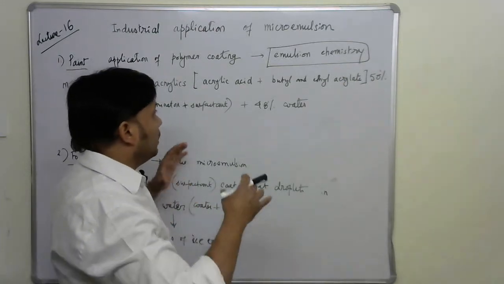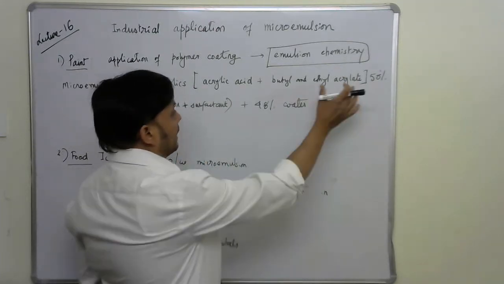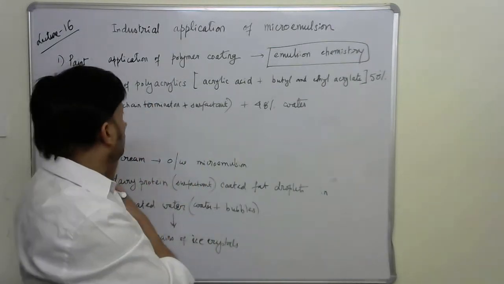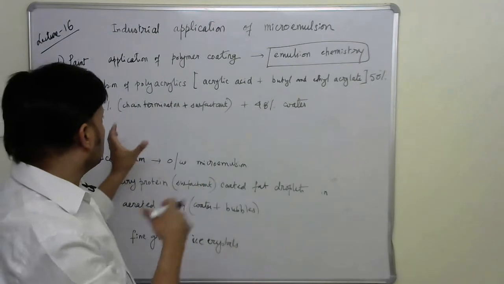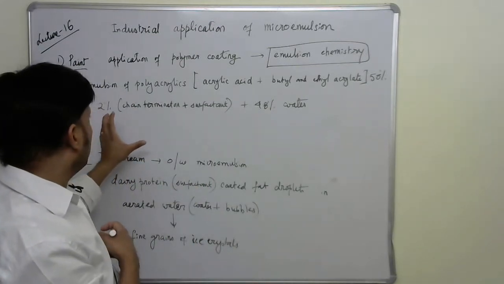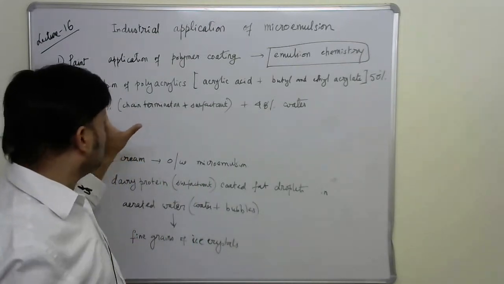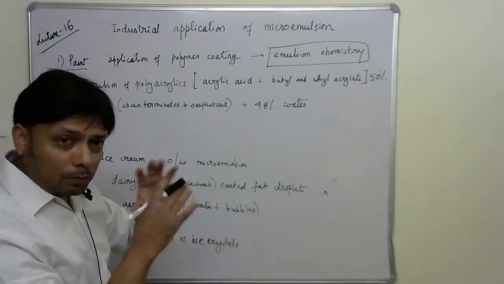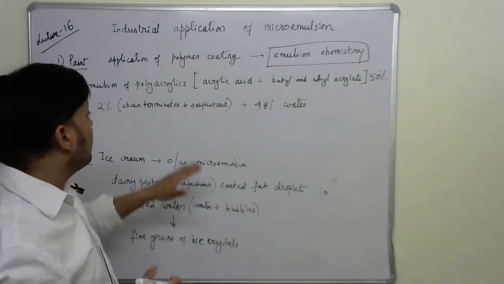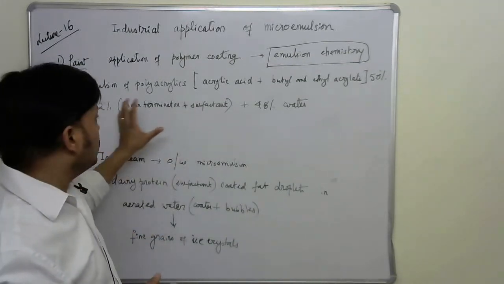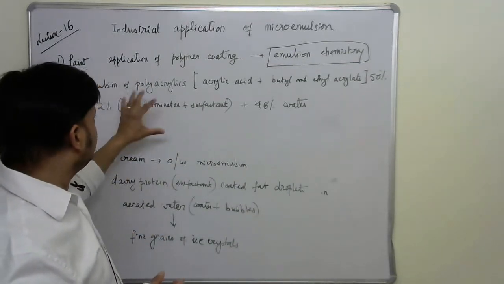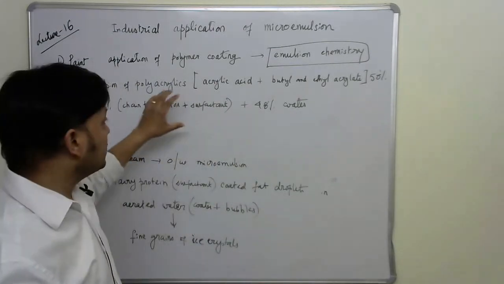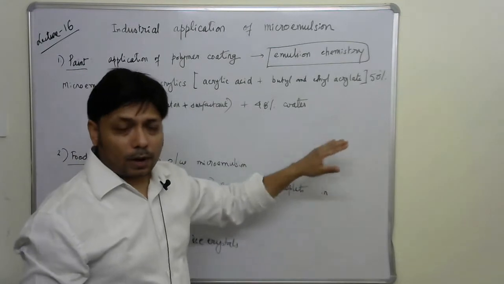So in an emulsion, this is taken as a 50% ratio, and then 2% of all the substance will be a chain terminator, that means the thing that would terminate the polymerization process, plus the surfactant which would disperse the oil in water, and 48% water used as a solvent. So basically this is an oil in water microemulsion.